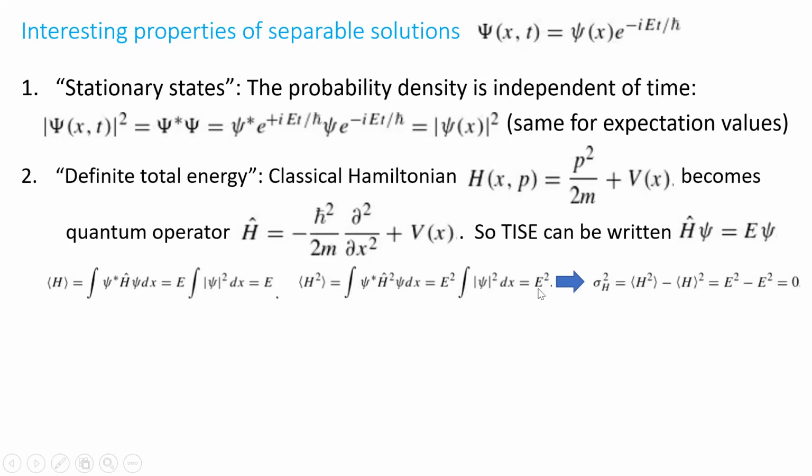And that's E squared minus E squared, which is equal to 0. So there's no variation in the energy as we measure the separable solution time and time again. So it gives a definite total energy. We always measure the same energy for that.